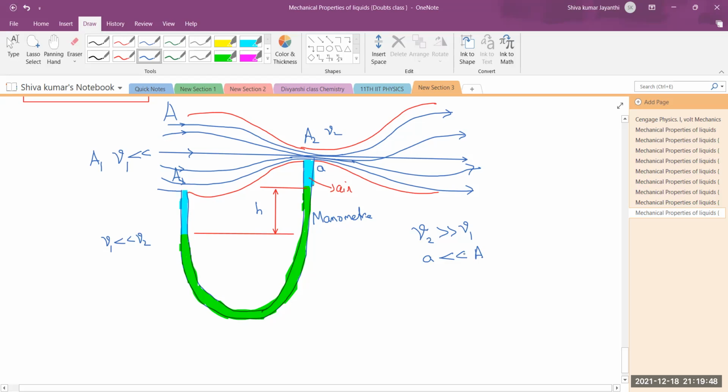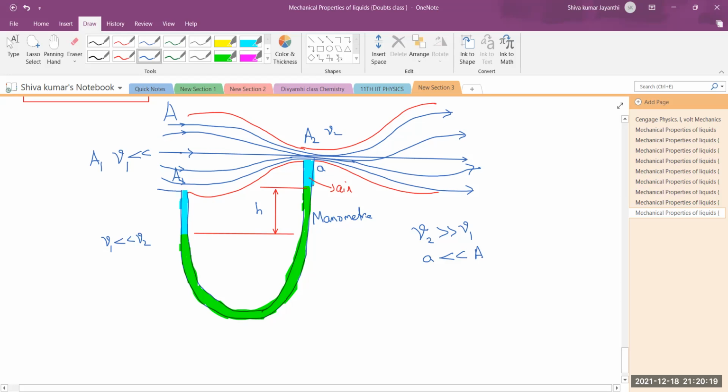So what happens? A1 V1 is equal to A2 V2. Now only one small approximation we require. This is not an approximation, it is allowed to accept this. That approximation which we need to understand to derive this is before applying Bernoulli's. What is Bernoulli's equation actually? Pressure head plus potential head plus kinetic head. So you can see this straight line.